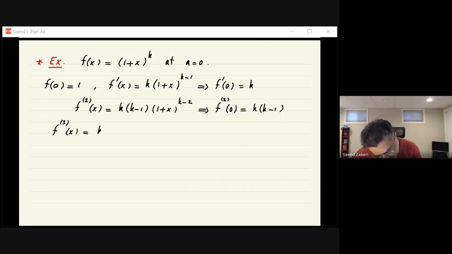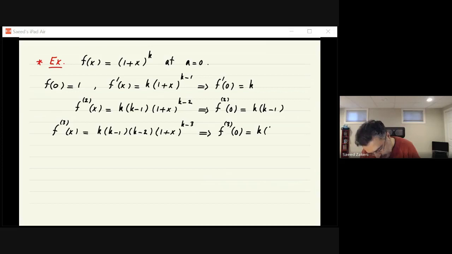So it's going to be k times (k minus 1) times (k minus 2) times (1 plus x) to the power k minus 3, which means the third derivative at the origin is k times (k minus 1) times (k minus 2), because if you plug in 0 for x, this term will be 1. So you just get this.